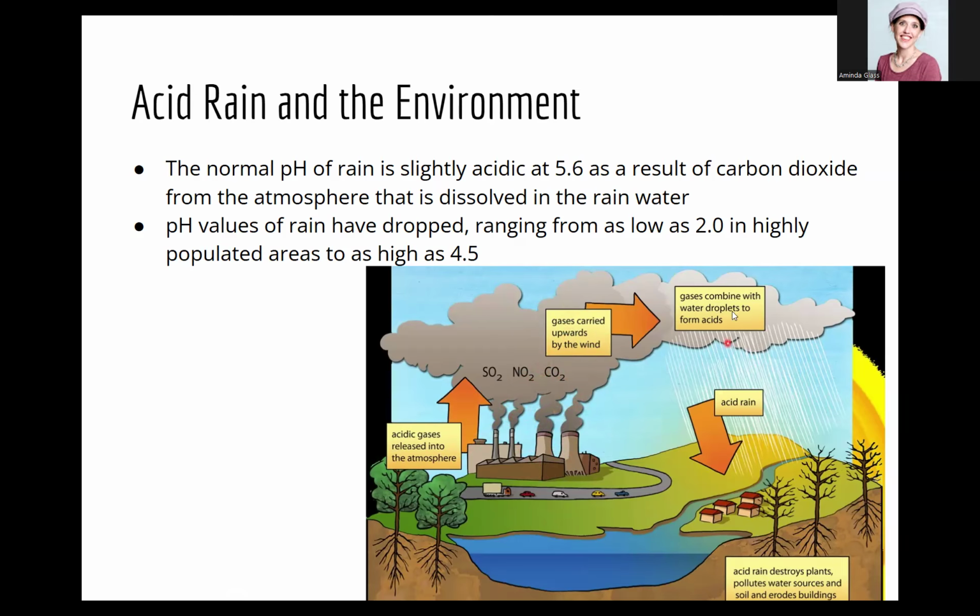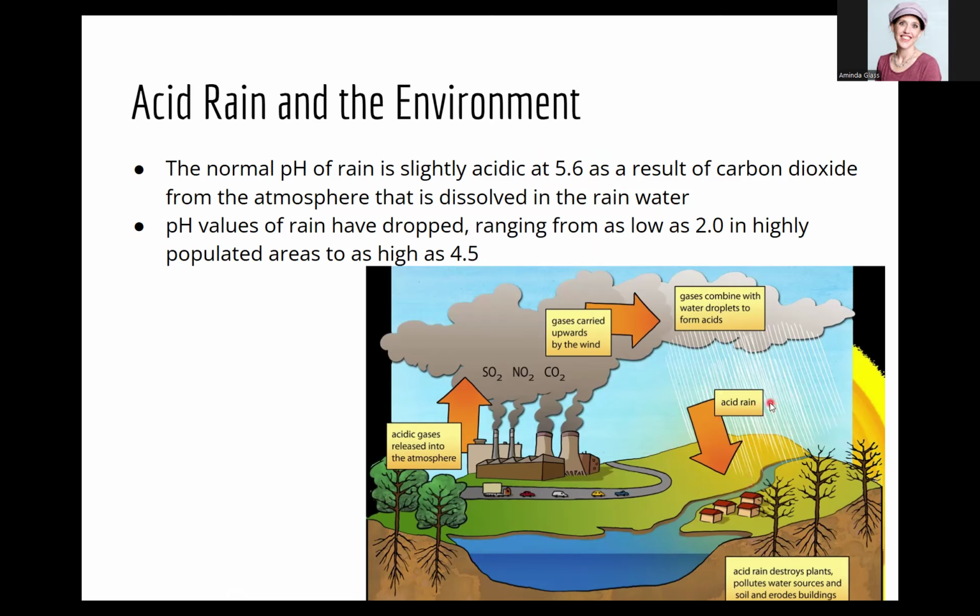And then these gases combine with water droplets in the atmosphere. They form acids, and it comes down as acid rain. Now, it's not pure acid, but it's acidic rain. So instead of having the 5.6 pH that we normally have, it ranges from 2.0 to 4.5, depending on location.